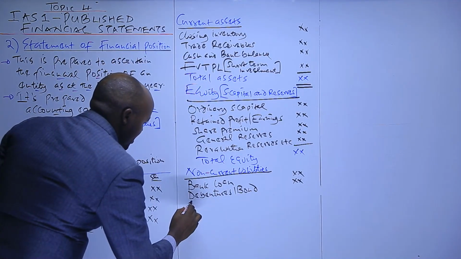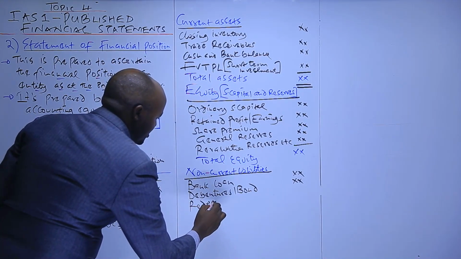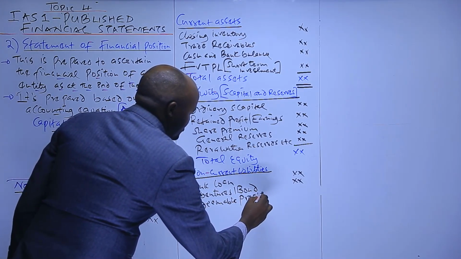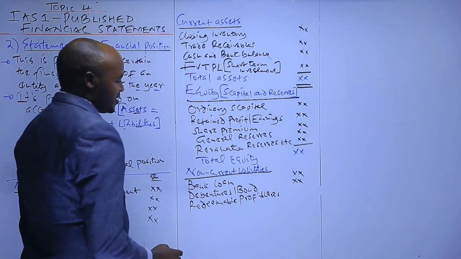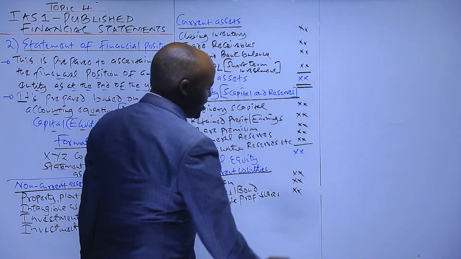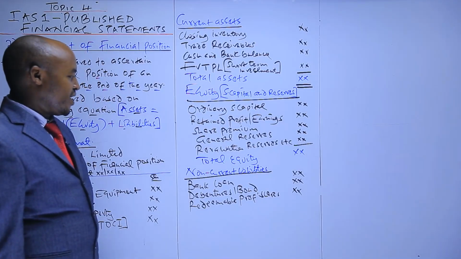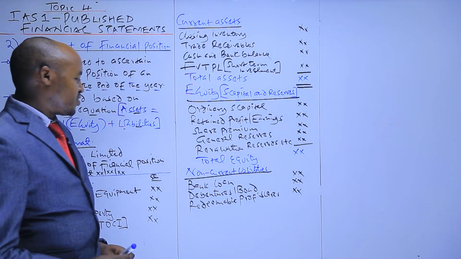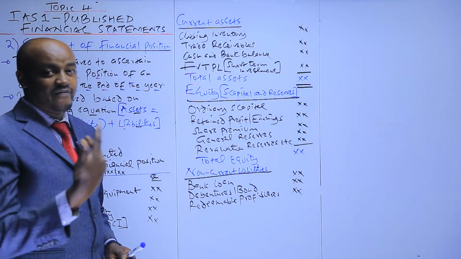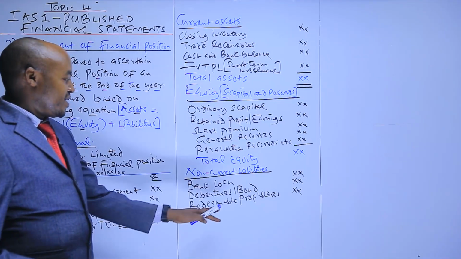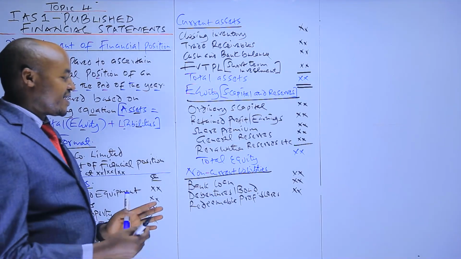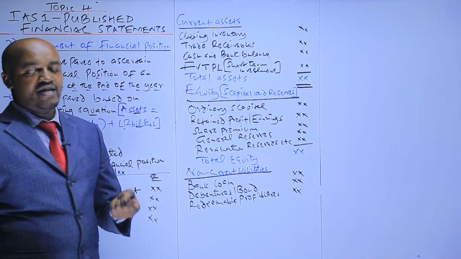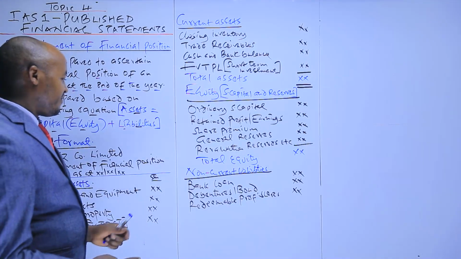This will also include something I mentioned earlier on, redeemable preference shares. If the preference shares issued by the company are redeemable, then this is a form of debt to the company. Once issued, the company has to refund the principal amount paid by the holder of these shares after a given period of time. That is a non-current liability, and that's why we said the dividends are part of the finance cost.